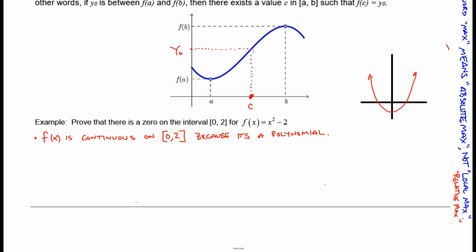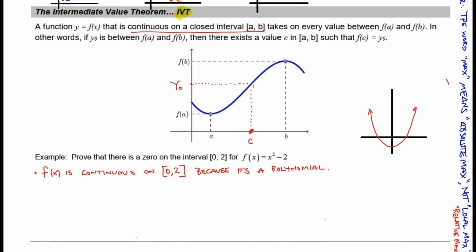So just to compare what our theorem says, if the function is continuous on a closed interval, so we have to first state that the conditions required for the theorem exist. So I state that the function is continuous on the interval because it's a polynomial. Next, I'm going to state the following. For that function, f of 0 is -2.